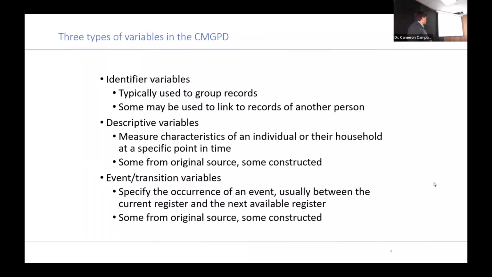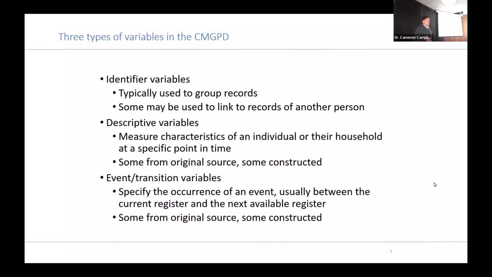Both of these data sets have three kinds of variables. One set of variables are identifiers, typically used to group records in some fashion or another. They could be personal identifiers that group records of the same person in different registers. Registers are every 3 years or every year. With that kind of identifier, you can reconstruct people's life histories and so forth.